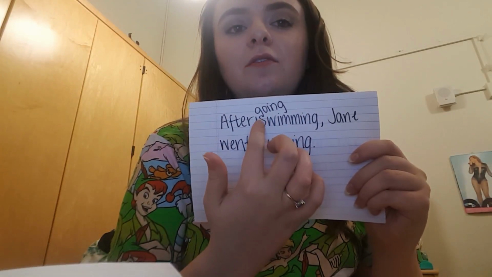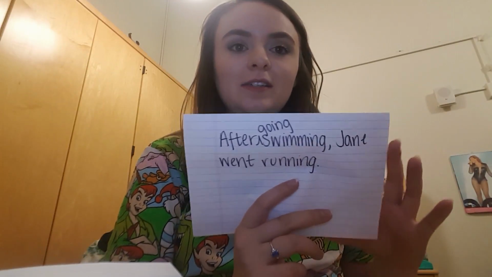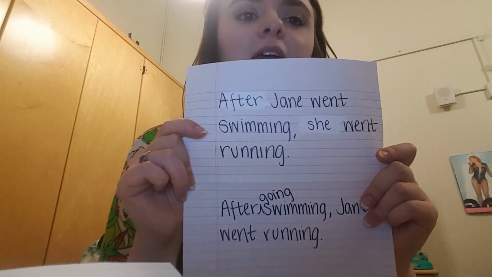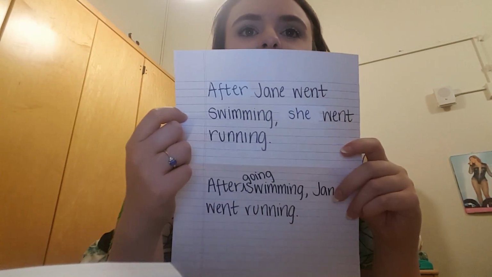First, we take away the ing and put the verb back into past tense, right? Because went is also in past tense. Then we put the subject back in. So the old sentence was, after Jane went swimming, she went running.